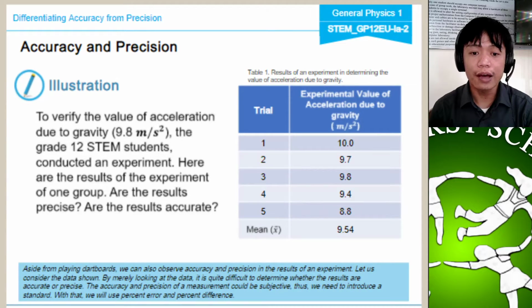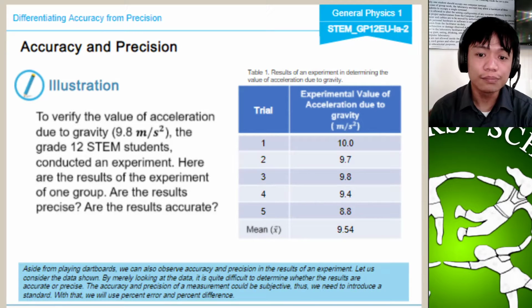Okay, so we have 5 trials. The first trial has 10 meter per second square, followed by 9.7 meter per second square. But the question is, are the results precise and are the results accurate? So, what do you think?